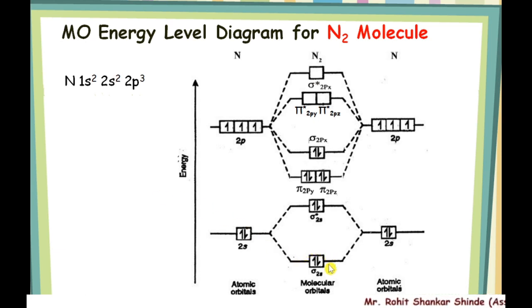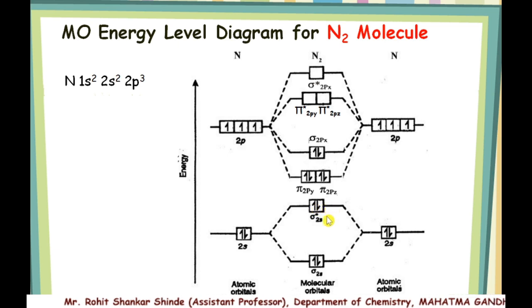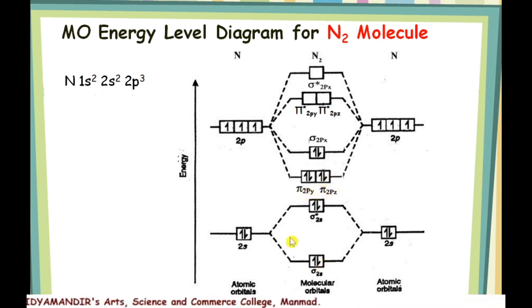Out of 10, first 2 electrons are occupied in sigma 2s, next 2 electrons are occupied in sigma star 2s, that is ABMO. Next 4 electrons are occupied in pi 2py and pi 2pz. And out of 10, 8 electrons we have already filled, remaining 2 electrons go in sigma 2px. In this way, electrons are filled into the molecular orbitals.